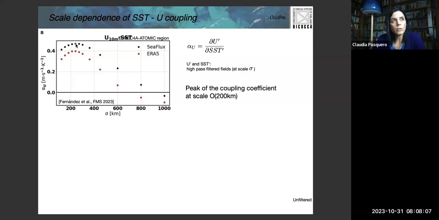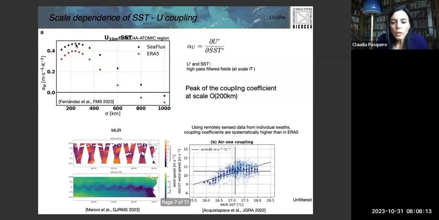In order to investigate this relationship a little bit more, we looked into single, individual swaths, where there is less smoothing, less interpolation. There is no interpolation. And so we can look at the relationship between ASCAT winds and SST.